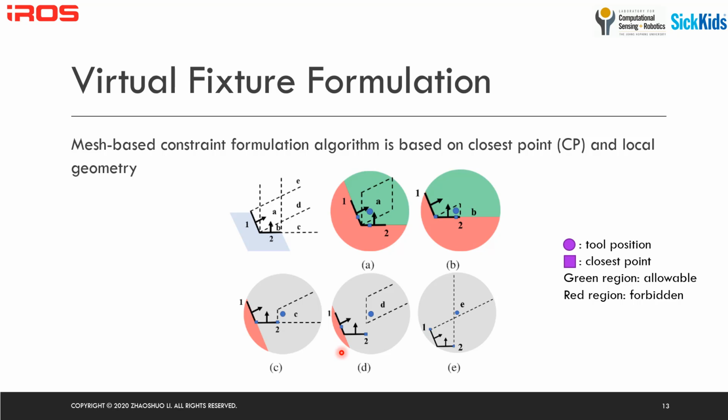For plane 2, we will need additional information of the neighboring triangles. If it is provided, it will be one of the previous cases we have enumerated. Similarly, if the tool position is in region E, we'll need the information of adjacency of both plane 1 and 2 in order to provide the constraint.